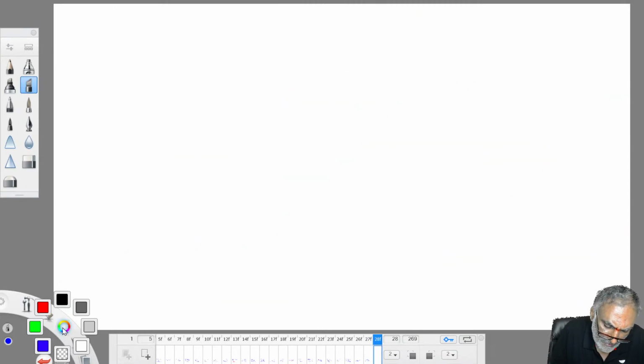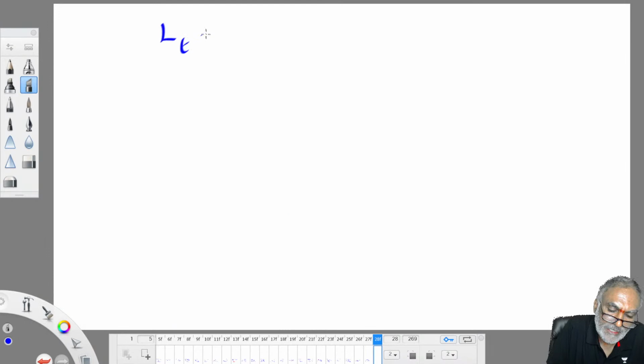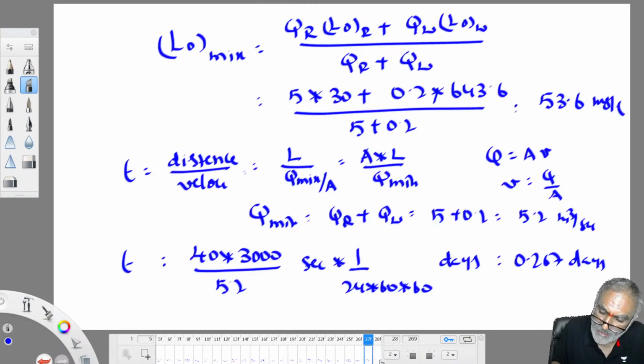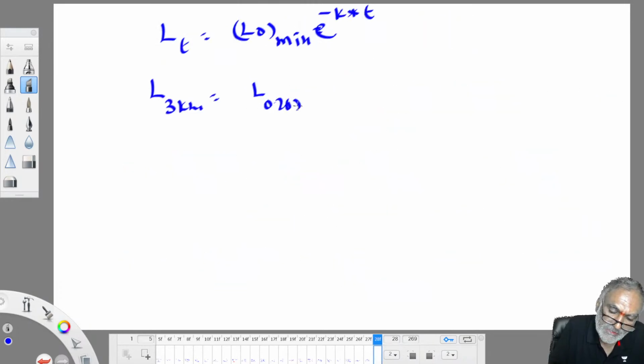Therefore, L at any time is equal to L0 mix into e power minus k into t. So L at the 3 kilometers point: to travel 3 kilometers, how much time is taken? 0.267, which is equal to L0 mix into e power minus k into 0.267.